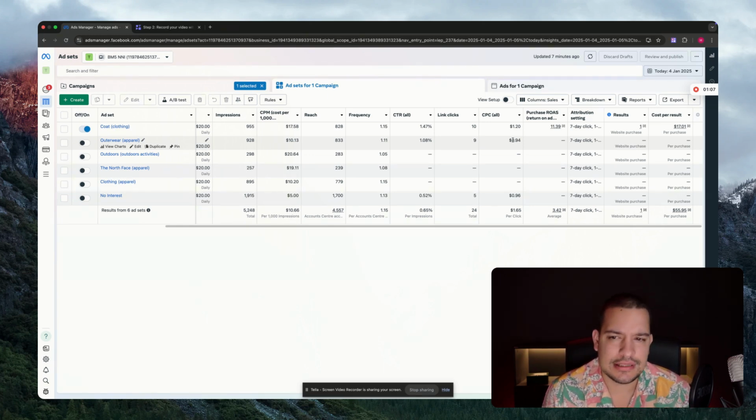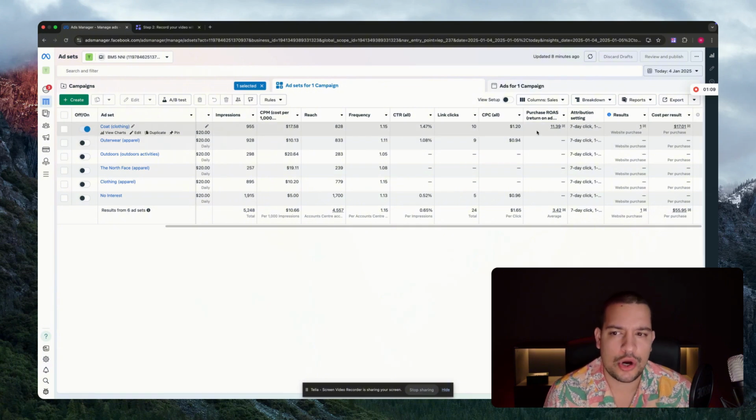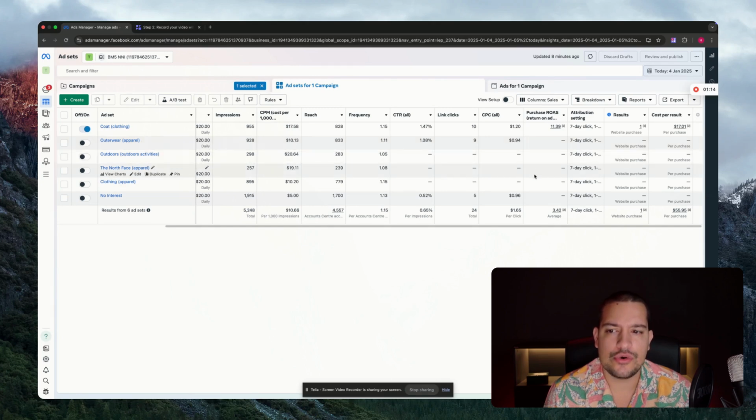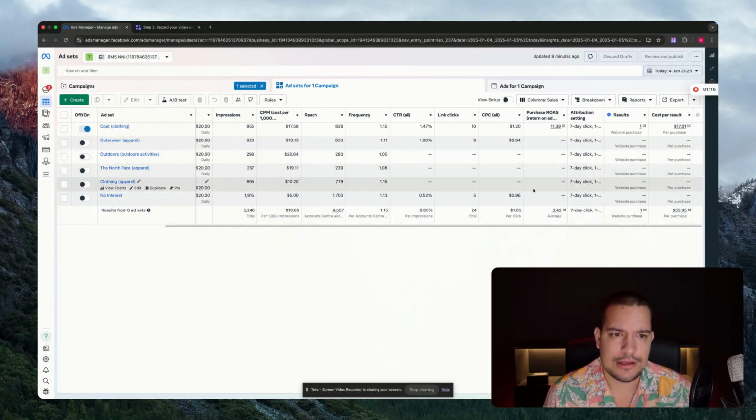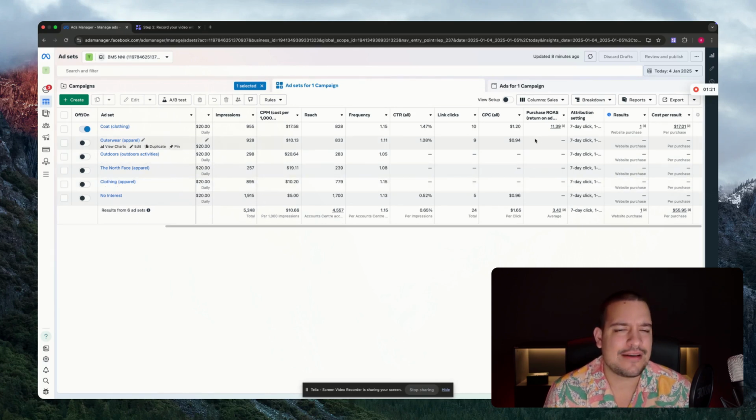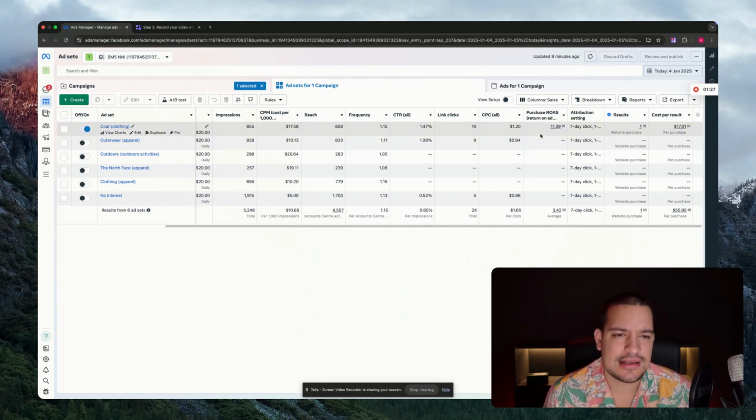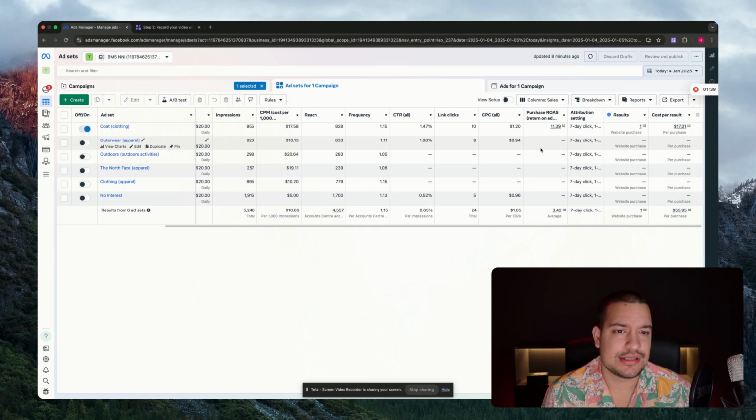Do you actually believe that if I'm targeting coat on here and I'm targeting outerwear and North Face or clothing, that I could not have sales in clothing or in outerwear? Why am I just having sales on coat? Well, it's pretty simple. It's because coat did optimize properly. And that's what you need to understand. This interest did optimize properly, the others didn't.